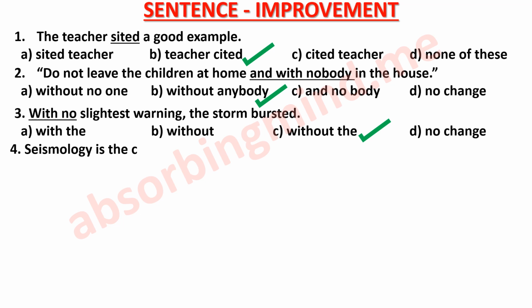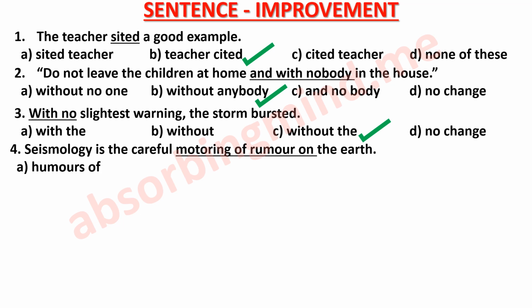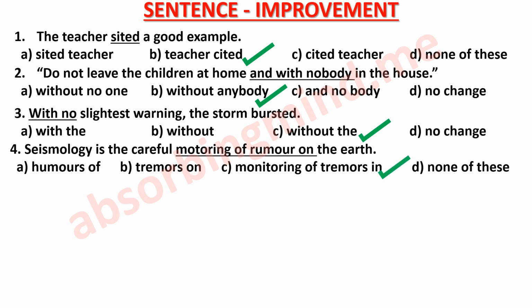The next is, seismology is the careful motoring of rumor on the earth. That doesn't make any sense. Why? Because seismology is the study where we analyze the tremors in the earth. So seismology is the careful monitoring of tremors in the earth.